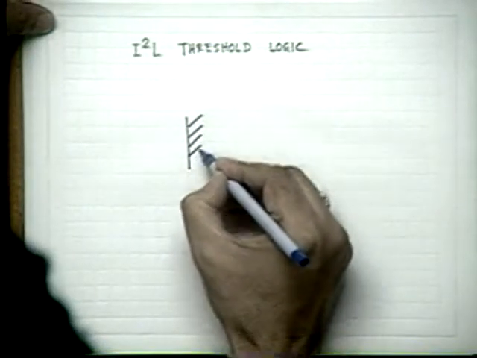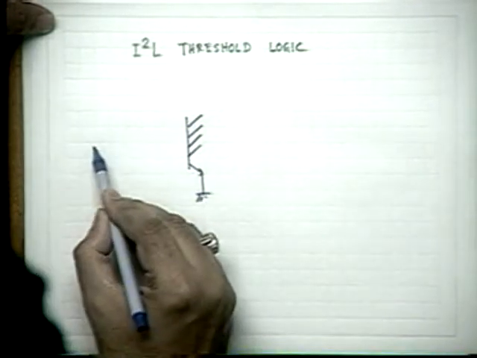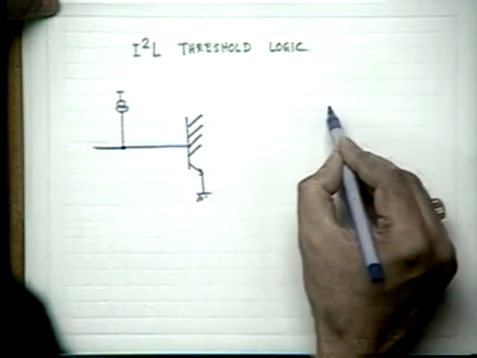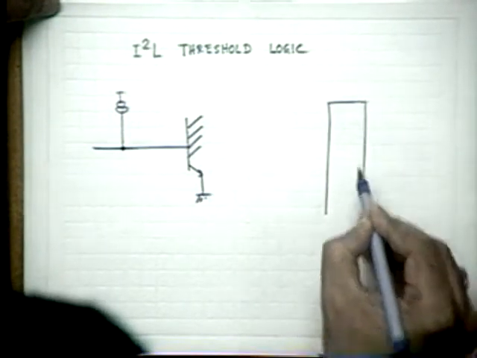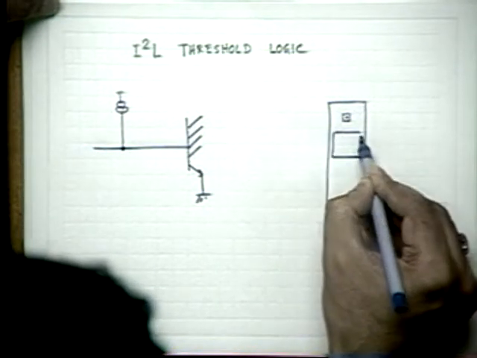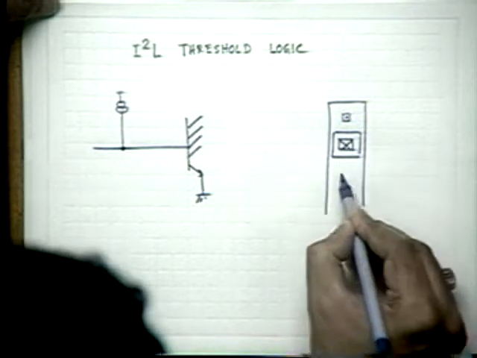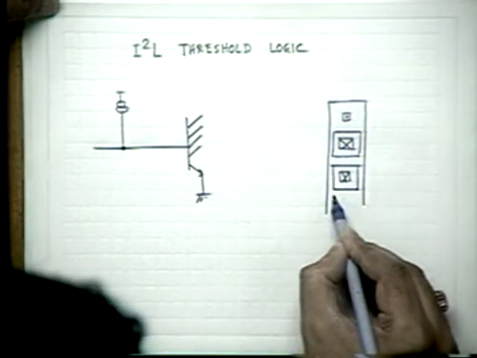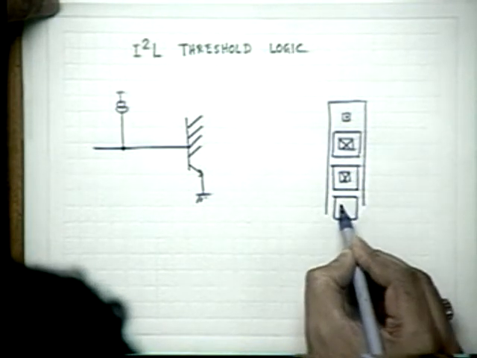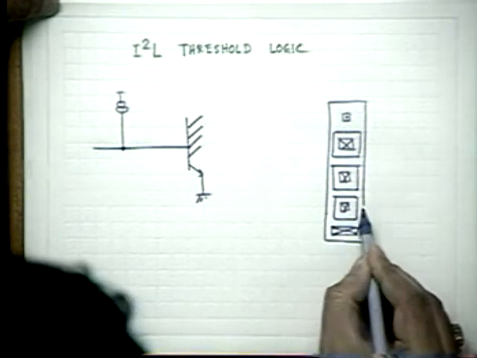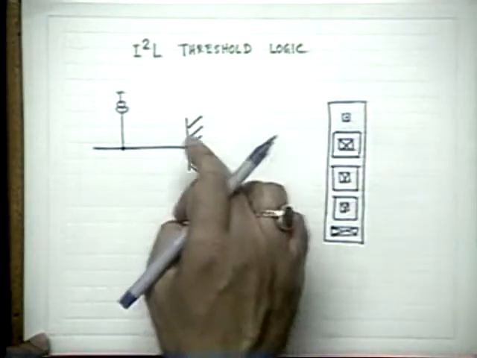Suppose this is an I2L transistor. Of all the collectors, let me show this in detail. This is more or less the transistor I have shown here.